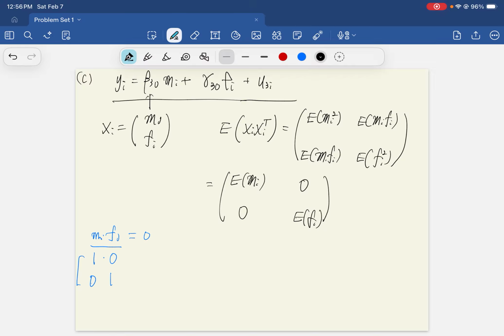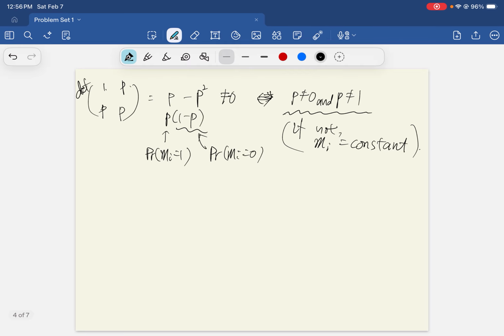And then we define the parameter p as the probability of man. Then it can be written as this. So its determinant is p times 1 minus p. Okay, same thing. So we need the same condition as before.